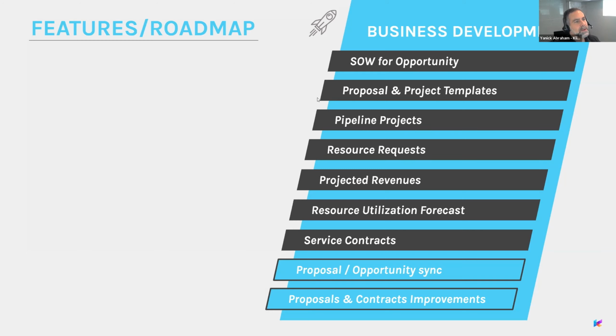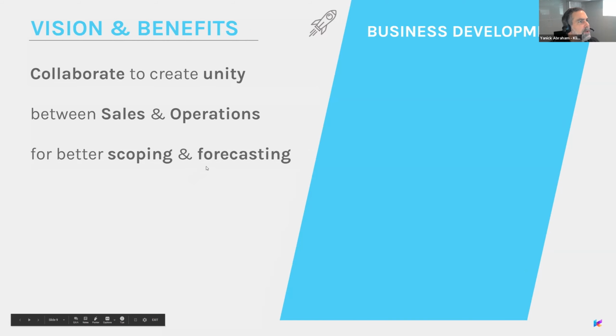But to come back to the slide, now we can see on the right side the functionality offered by our business development module. We've talked about it, and I think where we're going to improve is really on the proposal object and the proposal line, the link with the opportunity, and some adjustment on the Gantt is going to help the process too. But I think we have something good in our hands. Okay, the benefits: it's really to create that unity.